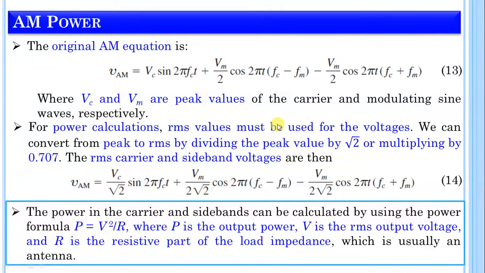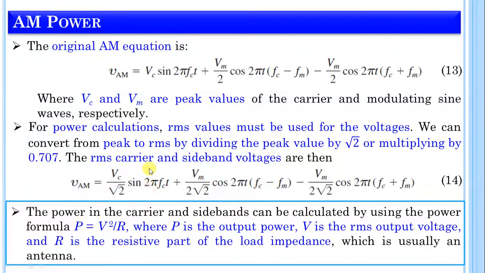So we can say Vrms is equal to Vm by root 2, or simply multiplying by 0.707, and this is the value of 1 by root 2.